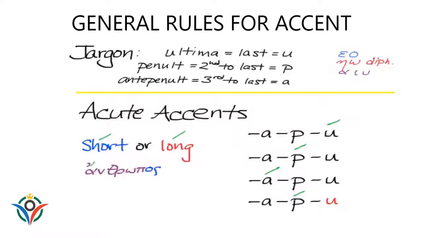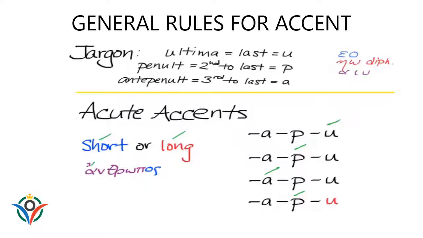Here's an example. The word anthropos, which means man or human being, has a short omicron in the last syllable, so it's pronounced anthropos, and it has an acute on the first syllable, which happens to be the antepenult, the third to last, and that's where it likes to have that accent.